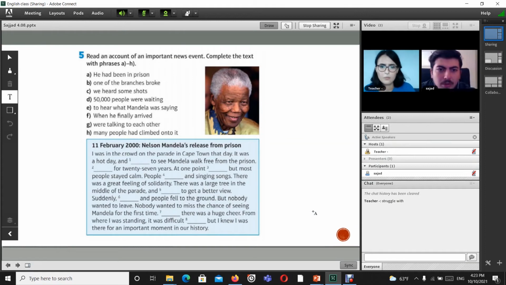I was in the crowd of the train. It's a hot day.